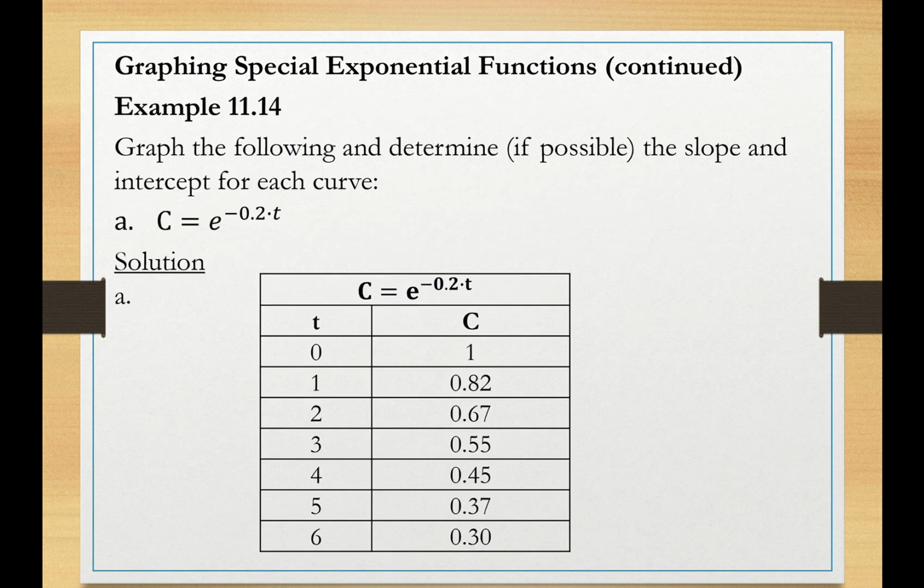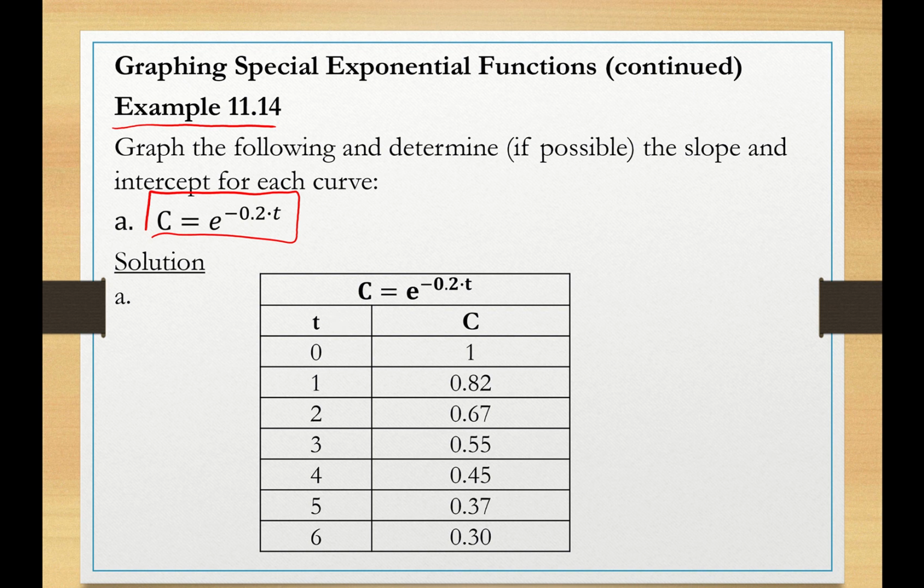Okay, so let us take a look at example 11.2.14, which addresses the graphing of a first order equation, C equals e to the minus 0.2 times t, which is commonly encountered in pharmacokinetics. Here I'm giving some values of the time, and I've used positive time, of course.